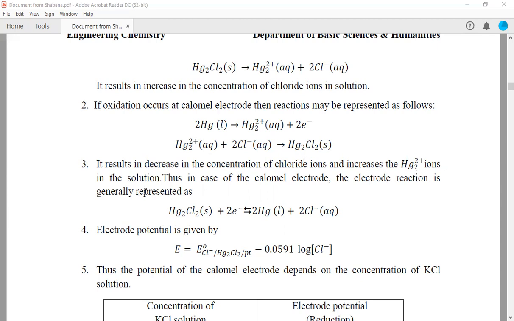Thus, in the case of the Calomel electrode, the electrode reaction is represented like this. It is a reversible reaction.